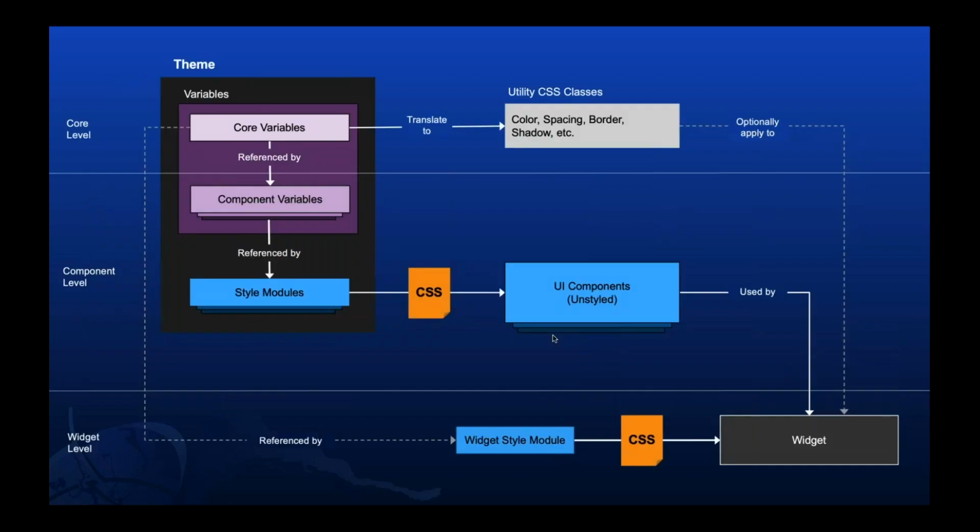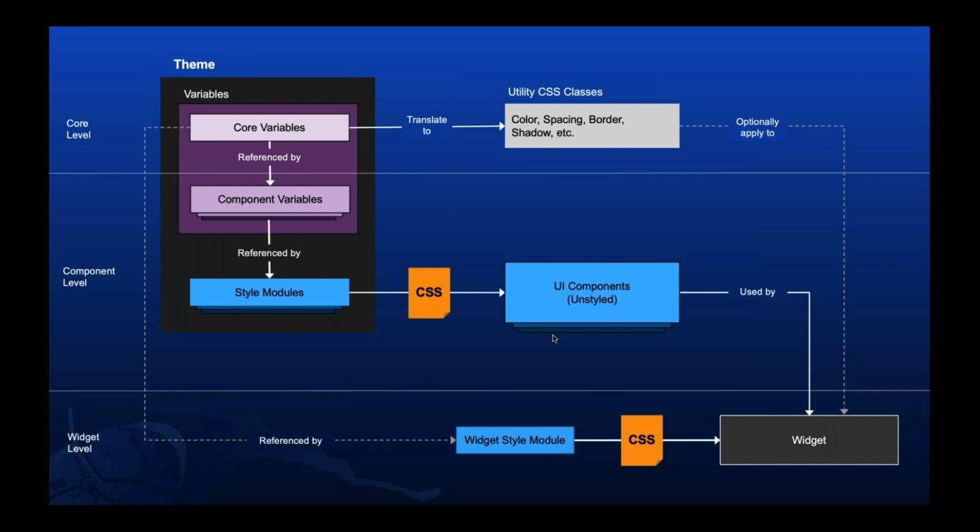Next, let's take a deeper look at how the theme works in Experience Builder. In this diagram, this black box is the theme itself. Within the theme, we have the variables, and the first part is the core variables. As I mentioned, they are translated to utility CSS classes, and they are also referenced by the component variables, such as the variables for the buttons, navigations, and text boxes.